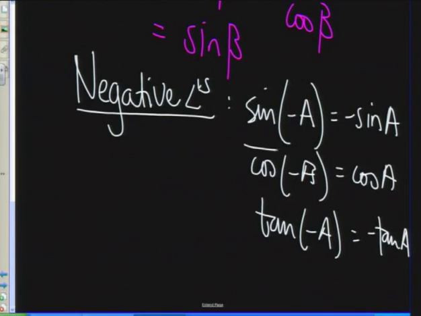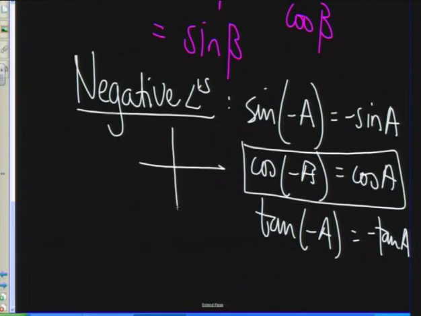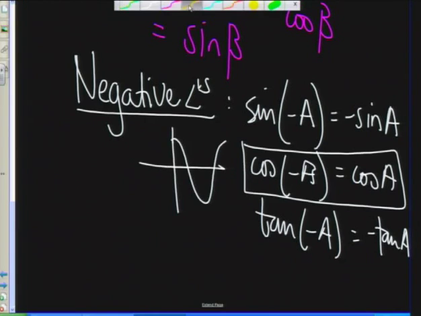The only one that stays the same is the function that is symmetrical about the y-axis. And that function is the cos function. So cos, if you're drawing it there, you draw exactly the same thing on the side.